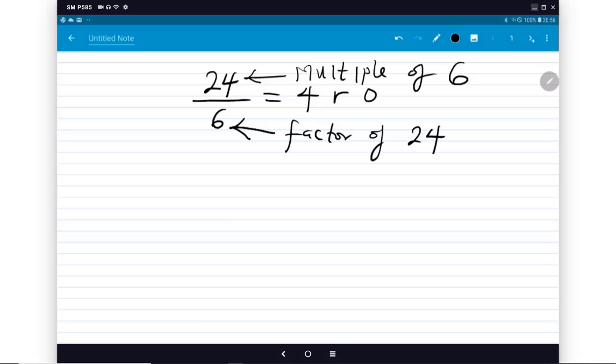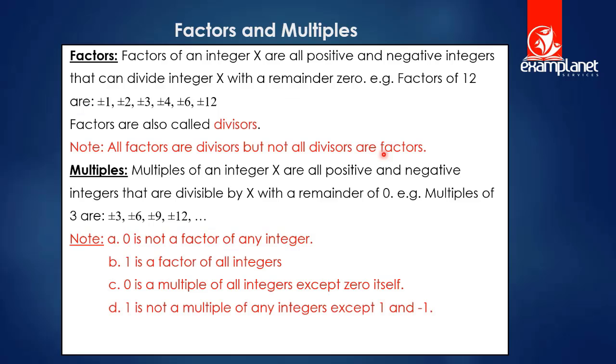You must also note that this 4, the quotient, is also a factor of 24. So if 6 can go in 24 with the remainder 0, then 6 is a factor of 24, while 24 is a multiple of 6. That is how the two of them are related.